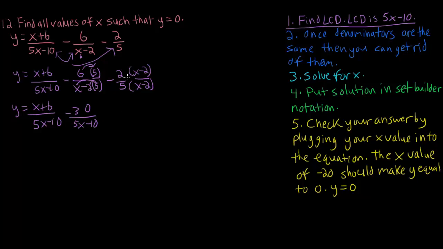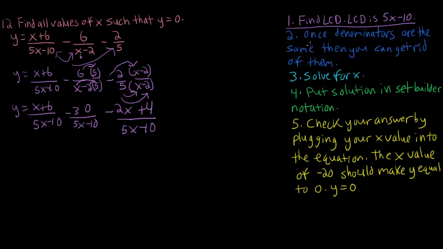And then here we have to be careful. We're not multiplying just 2 by x and 2 by negative 2. It's negative 2 times x, which is negative 2x, and then negative 2 times negative 2 gives us a positive 4. And that's over 5 times x, 5x, 5 times negative 2, which is negative 10, 5x minus 10.